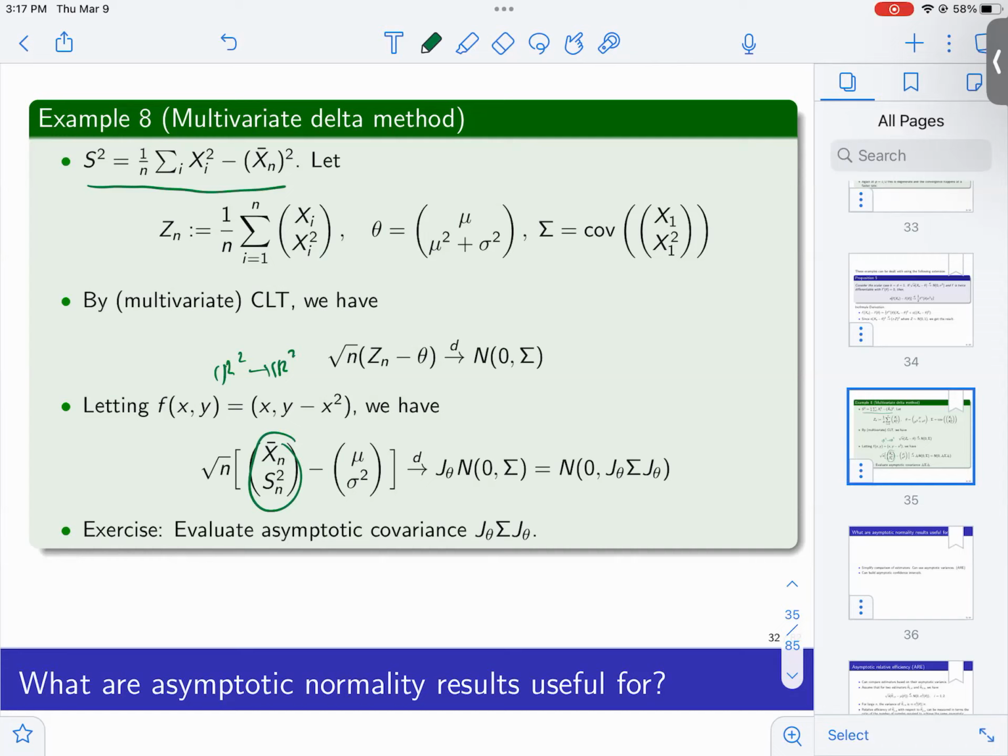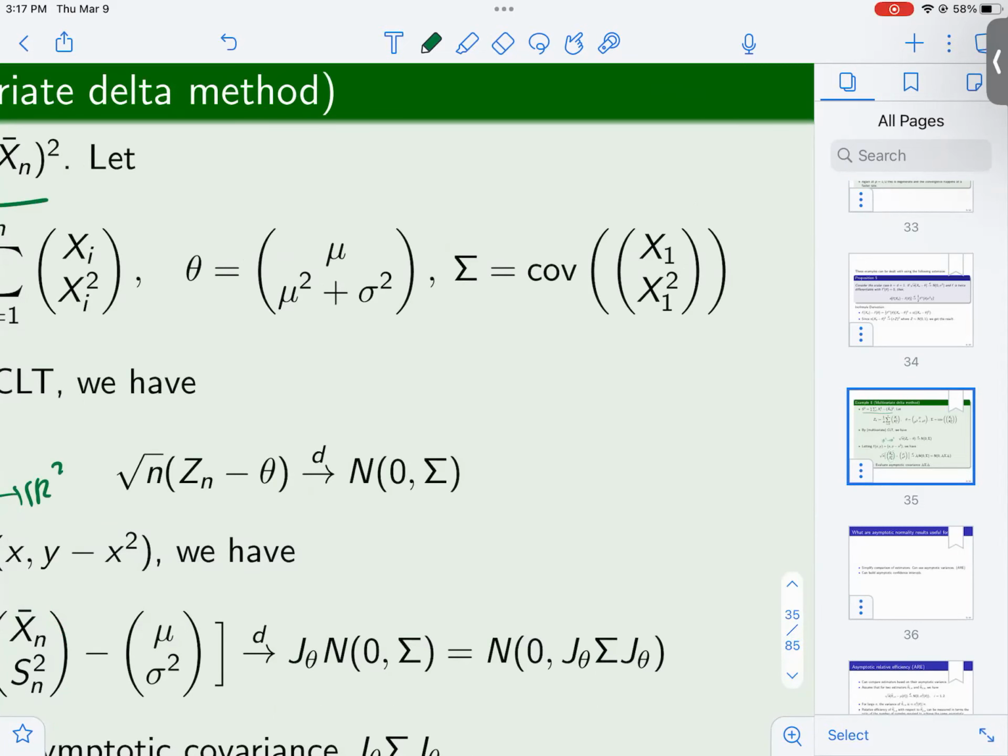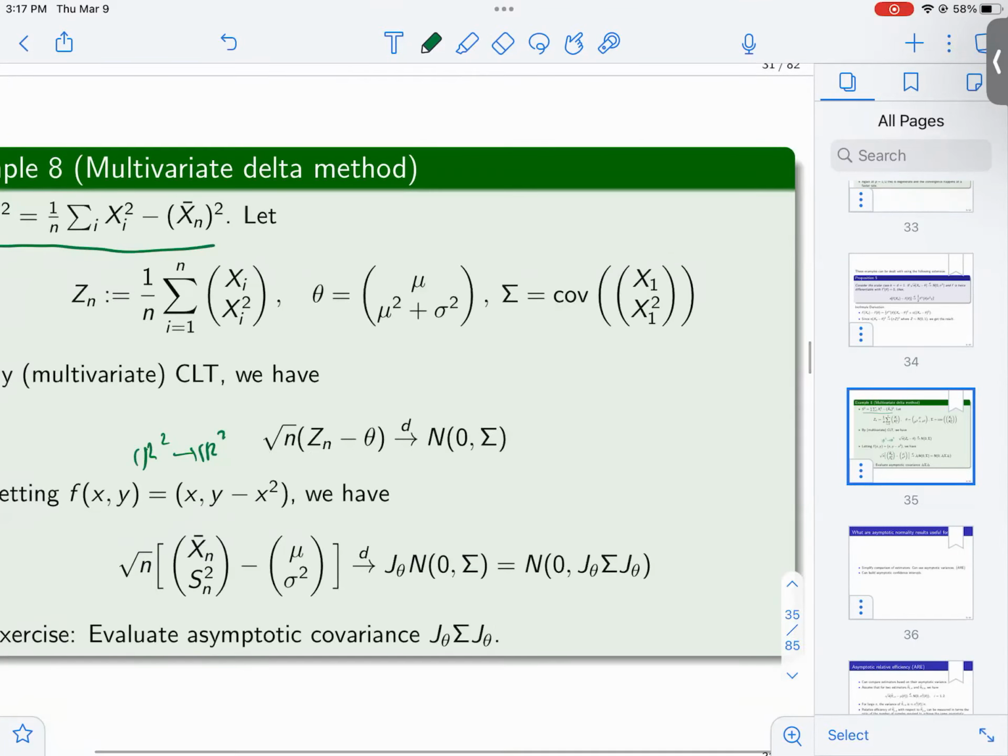This converges to the Jacobian times this, so you get Jacobian, Sigma, Jacobian transpose, and you can figure out the details for yourself. This gives you a joint understanding of the distribution of the sample mean and sample variance.